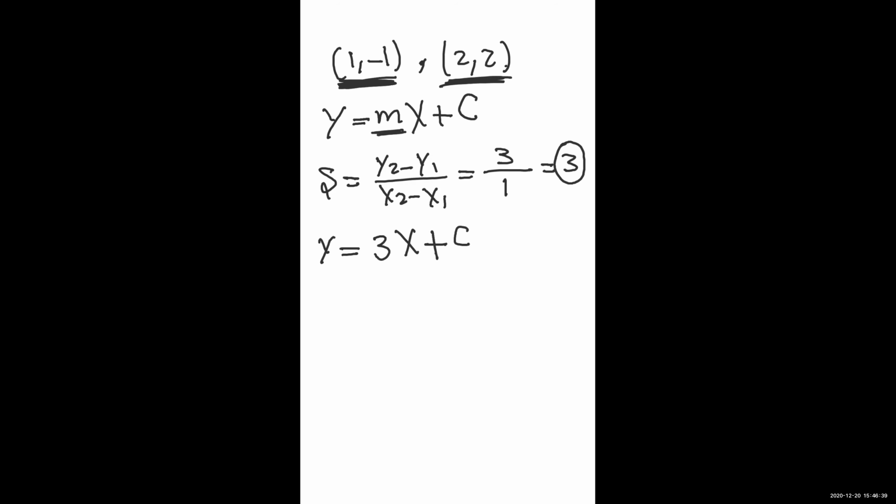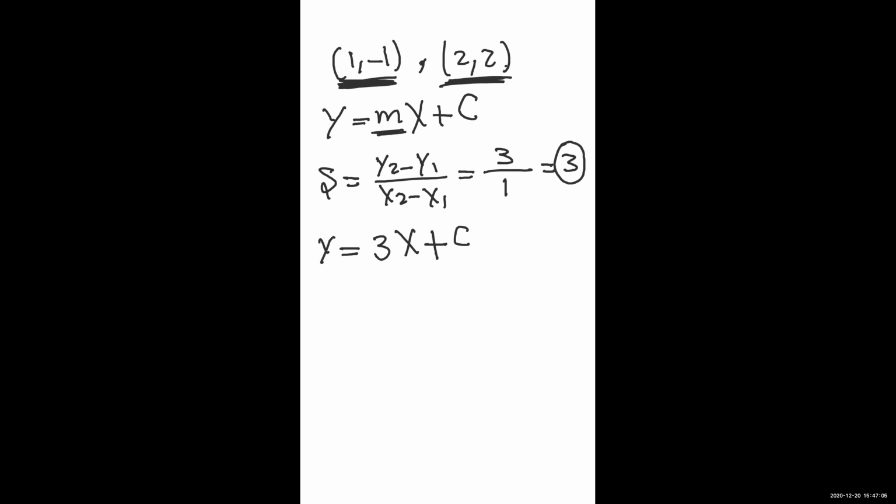So this means the 2 points satisfy the relation. I will substitute with any coordinates here, like 1 and -1 or 2 and 2, so that we can get the value of c.